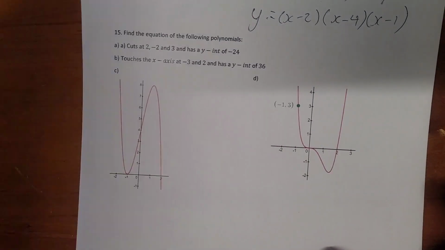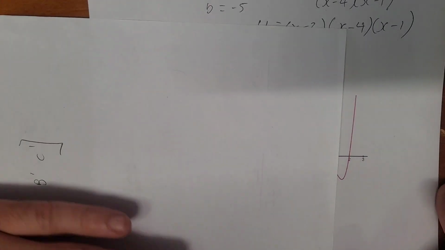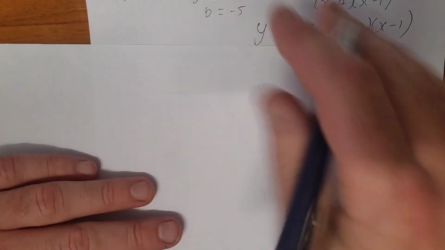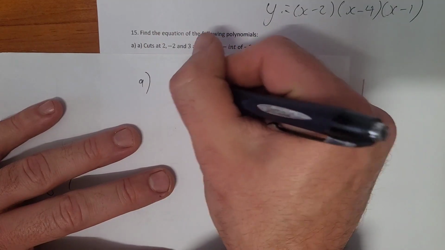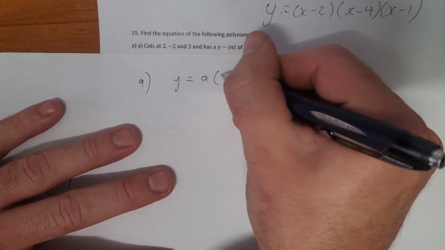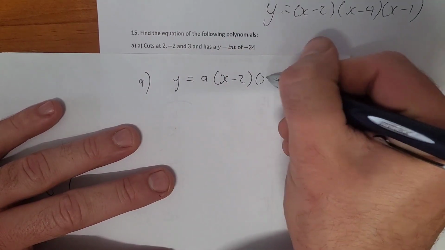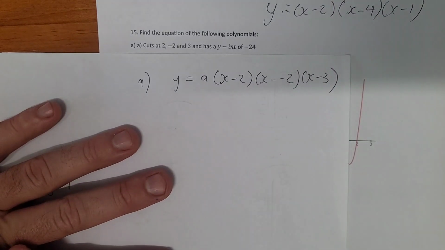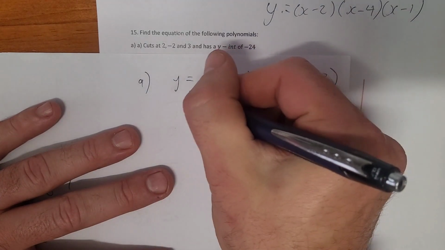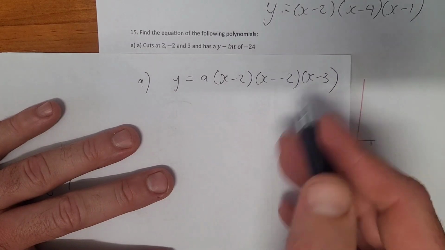So just doing this one first, it's going to be x take 2, x take minus 2, x take 3. Those are the linear factors. And it has a y-intercept of minus 24.